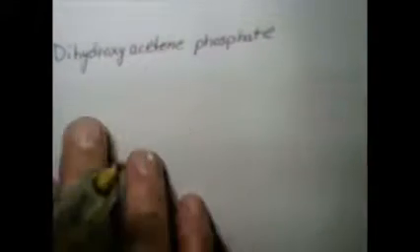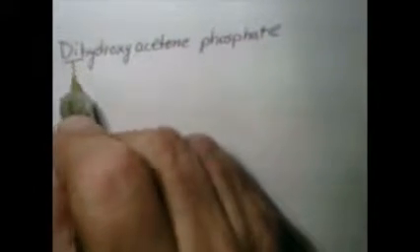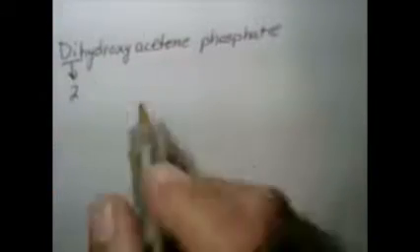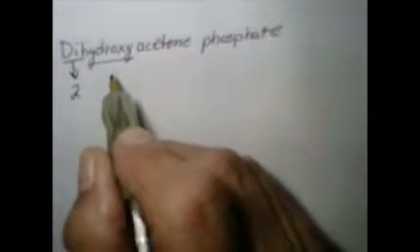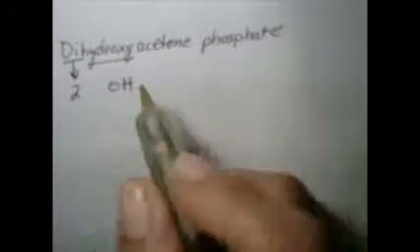dihydroxyacetone phosphate. Let's look at the name and see if we can figure out how to draw that compound. Well, di we know means 2, and hydroxy means OH.